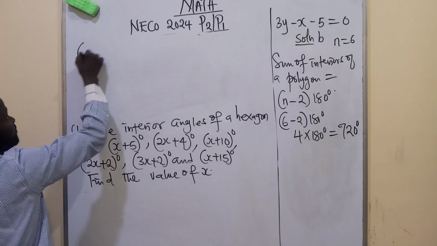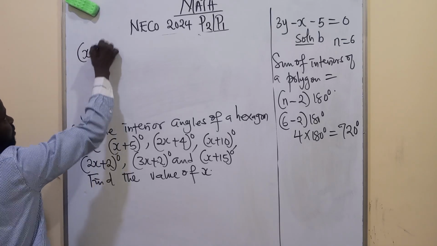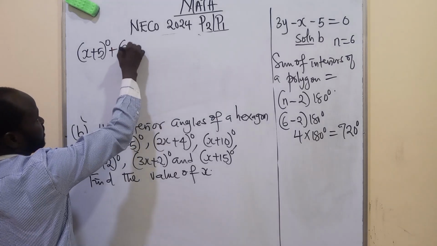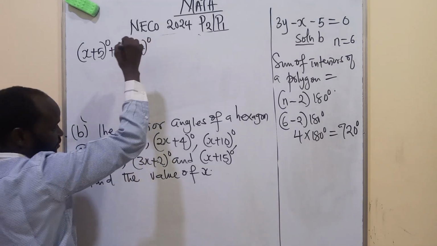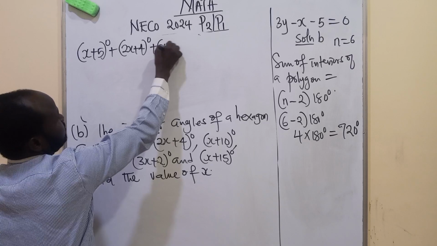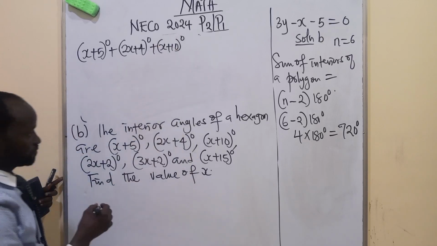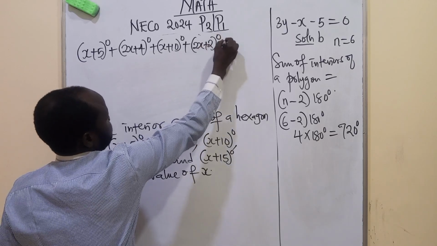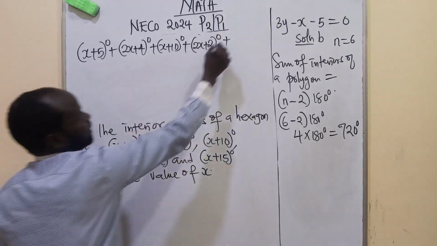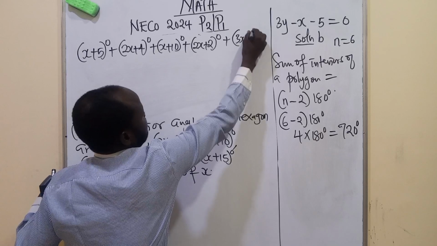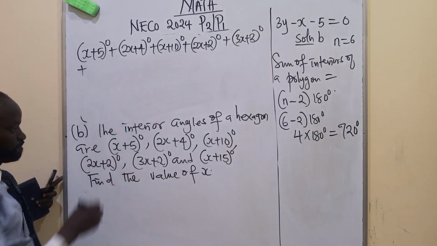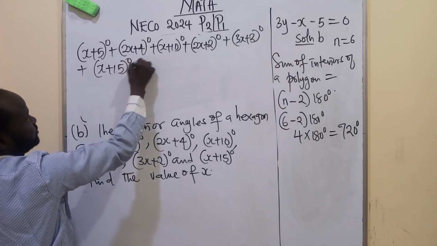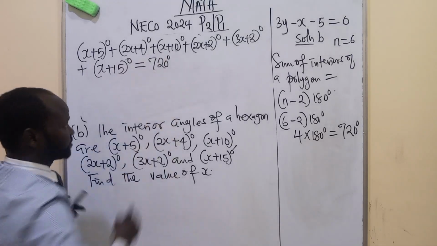So we have x, first one is x plus 5, all in degrees, plus, we are summing, the next will be 2x plus 4, all in degrees, plus x plus 10, all in degrees, plus 2x plus 2, all in degrees, plus 3x plus 2, all in degrees, plus the last but not the least, x plus 15, all in degrees. This must be equal to 720 degrees.